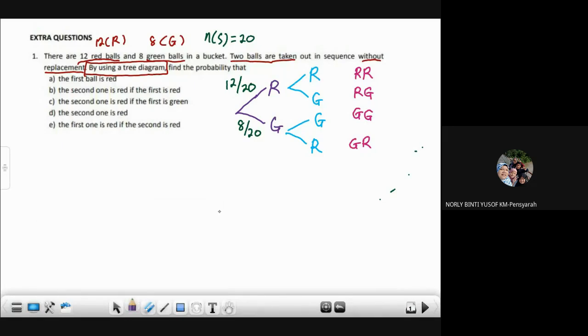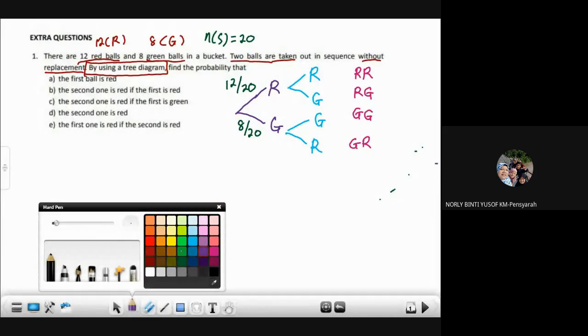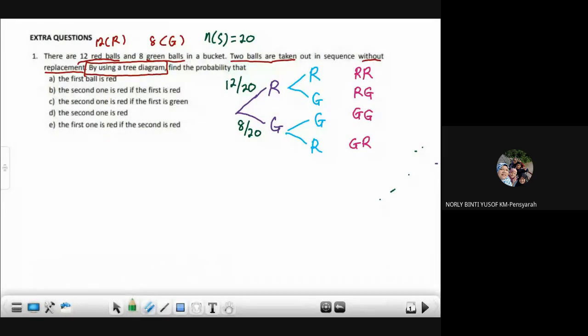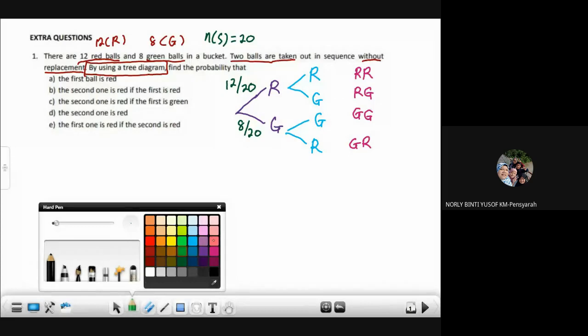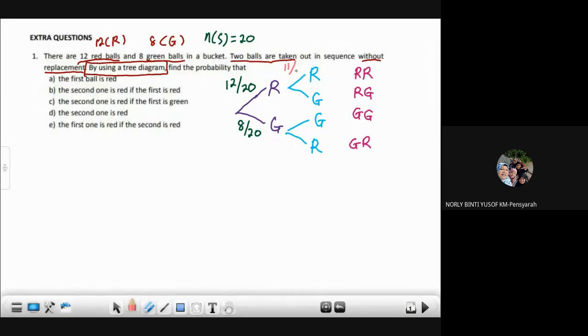Since that is without replacement, so number of event akan berkurang, sample space pun akan berkurang. So let's say red balls will be 12, 11 lah, kurang 20, kurang also will be 19. Then you minus 1 minus 11 over 19, you got 8 over 19 for the green ball.